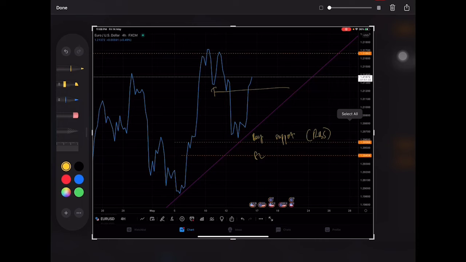You can put your TP here. This is your support become resistance, and if break this TP, that's why there's a second TP here. There's a resistance here. If this place also break, and then you can find another resistance or support for your TP. That is how you put your stop loss and TP.